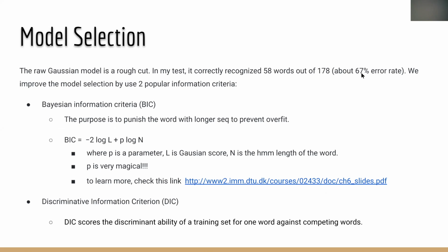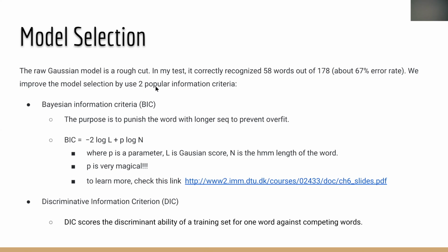So the error rate, that is the ones with a mistake, is 67%. Yeah, and to pass this course, we have to have less than a 60 error rate.